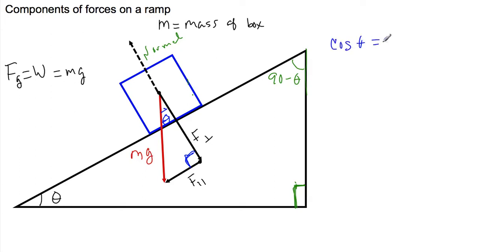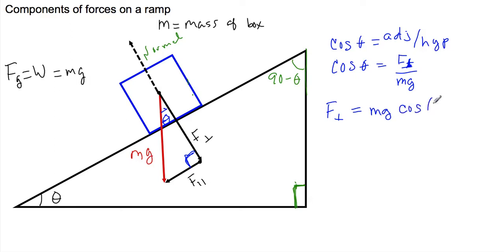So cosine theta is equal to the adjacent over the hypotenuse, which is going to be cosine theta is equal to the adjacent side, F perpendicular, over mg, and then solving for the perpendicular side, F perpendicular is equal to mg cosine theta.